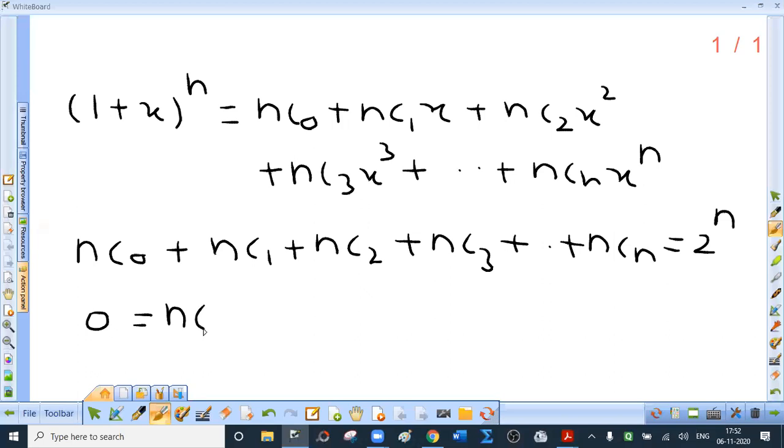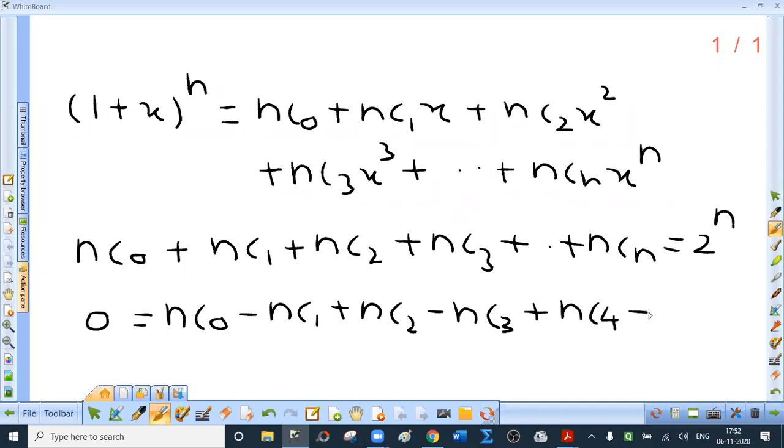So nC0 minus nC1 plus nC2. Why? Though x is minus 1, square is plus 1. So plus nC2. Okay, minus nC3. Why? Because minus 1 cube is minus 1, and so on. Expected next term is nC4 minus nC5 and so on.